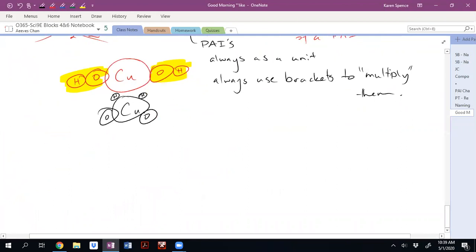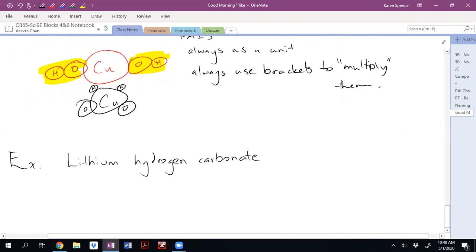Let's do lithium hydrogen carbonate. Even though there are three names, there are only two ions.